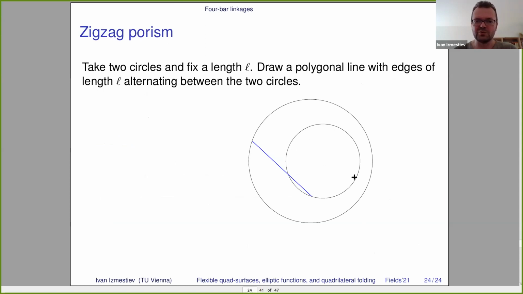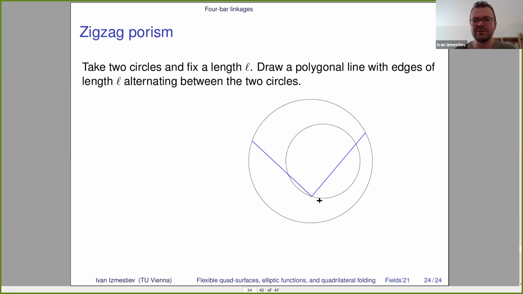Let us take two circles, and let us choose a length L. Draw a segment of length L with one endpoint on one circle and the other endpoint on the other circle. Now fix one of these points, say the point on the small circle. Then there are two positions for the other endpoint. So here is the second position.